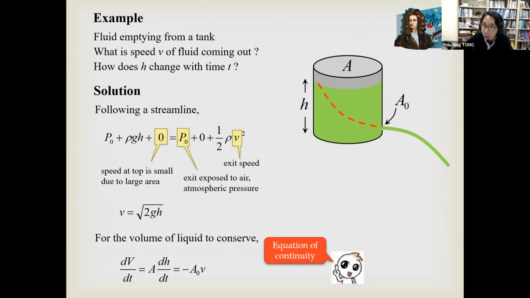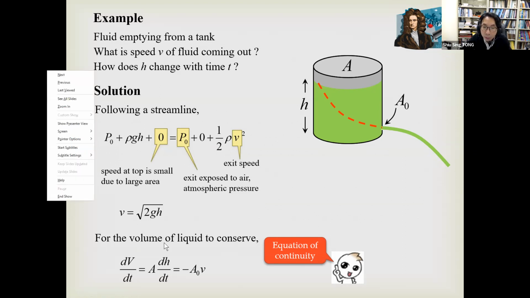By the conservation of mechanical energy, potential energy loss equals kinetic energy gain, and you arrive at the same expression. That is not surprising, because Bernoulli's equation is actually representing the conservation of energy. It's not a new statement in physics, but it's essentially the conservation of energy. So it gives you the same result: the velocity of flow leaking out of the hole is equal to the square root of 2gh.